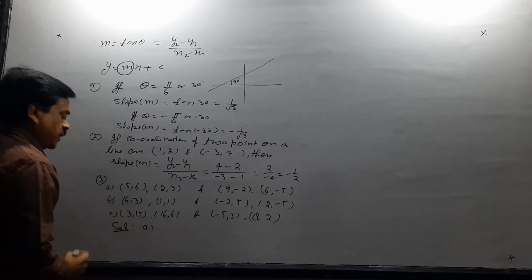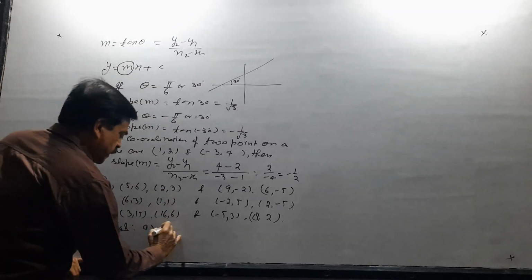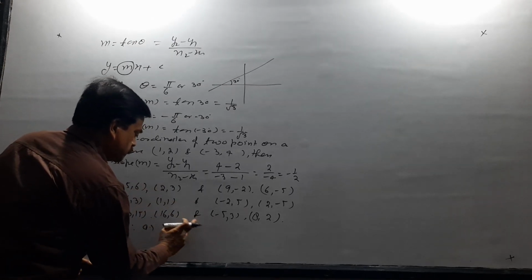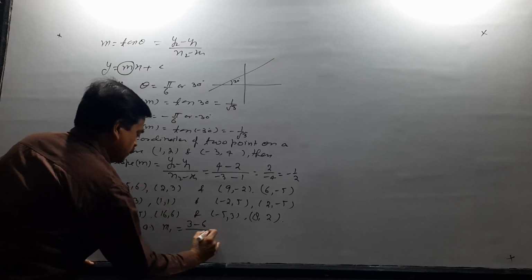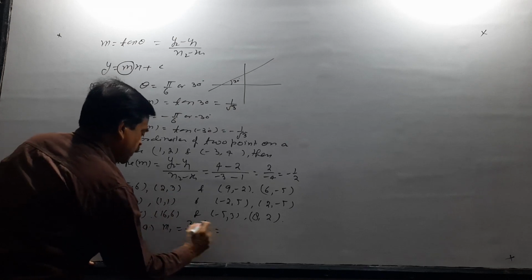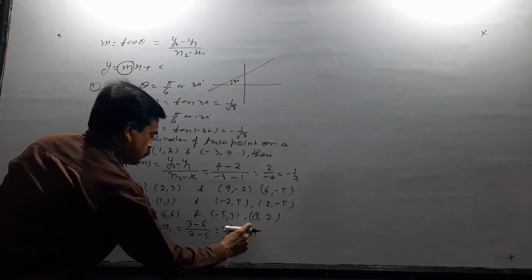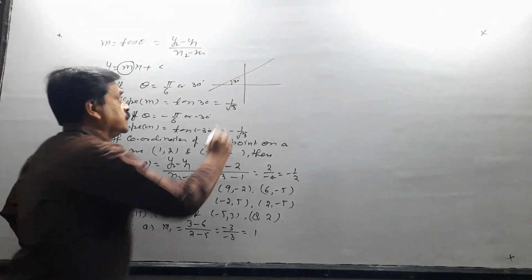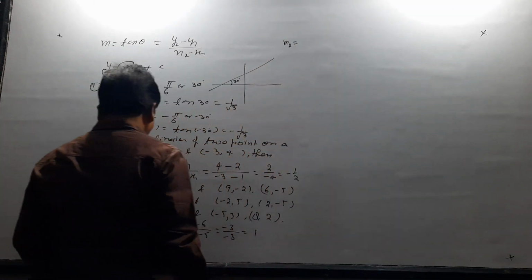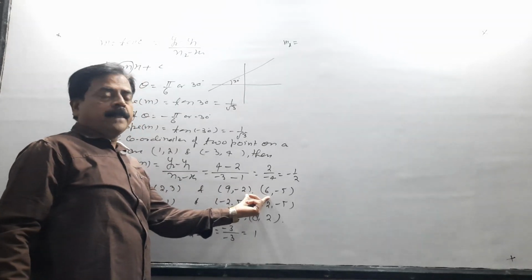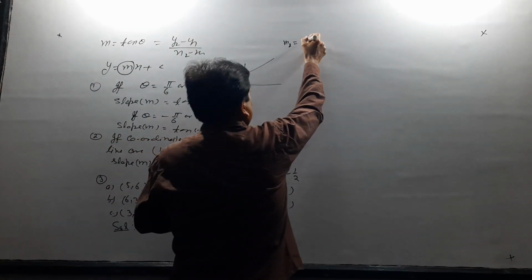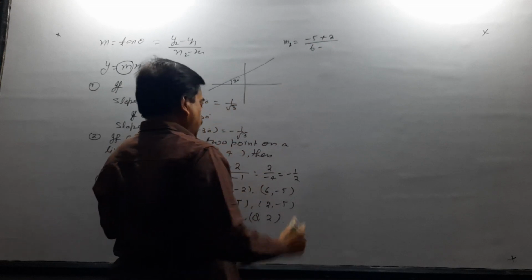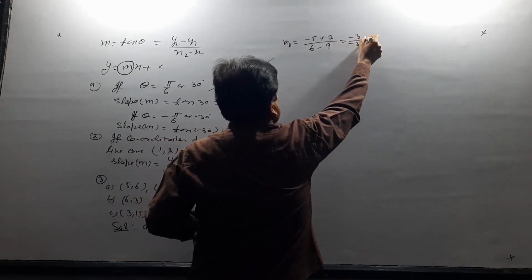Solution of A part. Find slope of line passing through these 2 points. m1 equals y2 minus y1 upon x2 minus x1: 3 minus 6 upon 2 minus 5, minus 3 upon minus 3 equals plus 1, minus and minus will cancel, plus 1. m2, slope of another line passing through these 2 points: y2 minus y1, minus 5 minus plus 2 upon x2 minus x1, 6 minus 9, and slope is minus 3 upon minus 3 equals 1.